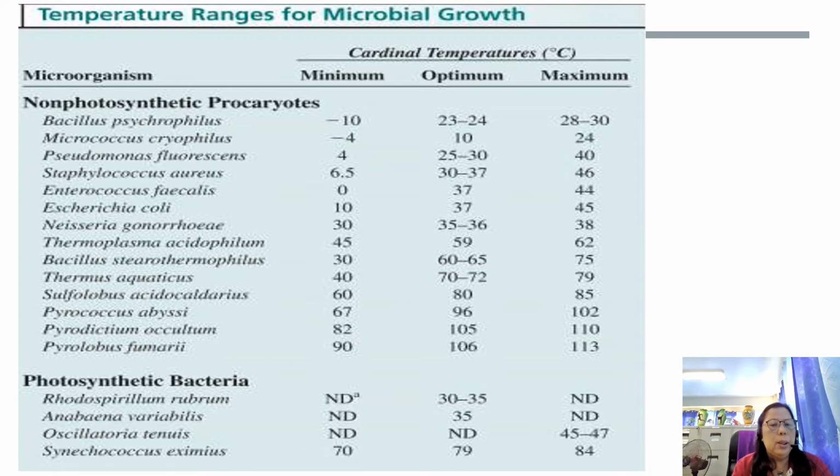What is interesting here is these microorganisms are not only classified according to temperature but also to the presence of light. Non-photosynthetic prokaryotes are the microorganisms that do not require sunlight, but the photosynthetic ones require light. Not necessarily sunlight, but also other artificial lights that could be used in the laboratory.